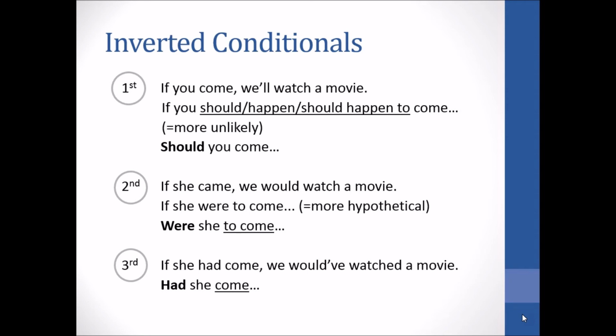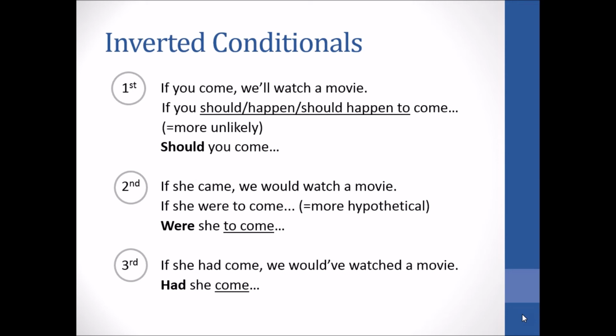I told you that we got structures such as if you should come, if you happen to come, if you should happen to come. If you use those three structures in a first conditional, those sentences are a bit more unlikely. Alright? But if you want to invert the conditional, you should start with should. Basically, I told you this so that you know where that should came from.